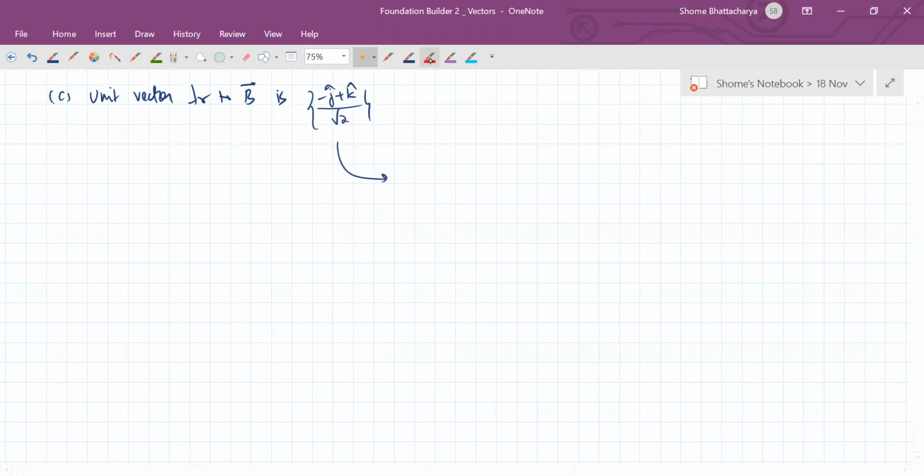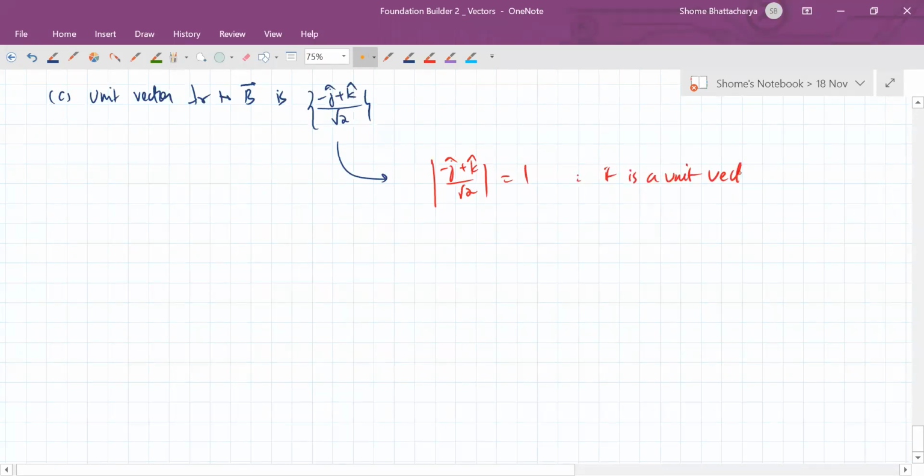So first of all, you can see that mod of this is 1. So it is a unit vector. So that part is correct.